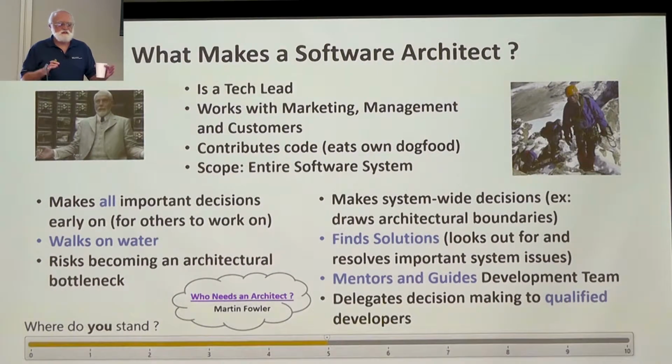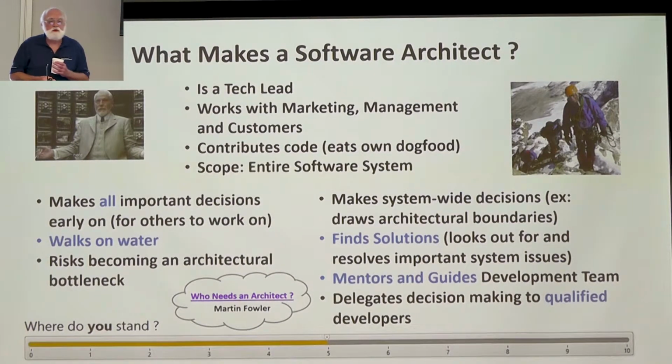So the question for everybody is, where do you stand as a software architect on the scale of 0 to 10? In my consulting activities, I would say I tend to be on the left part for various reasons. One of them is my customers don't pay me for mentoring the team as the main purpose of getting me on board.